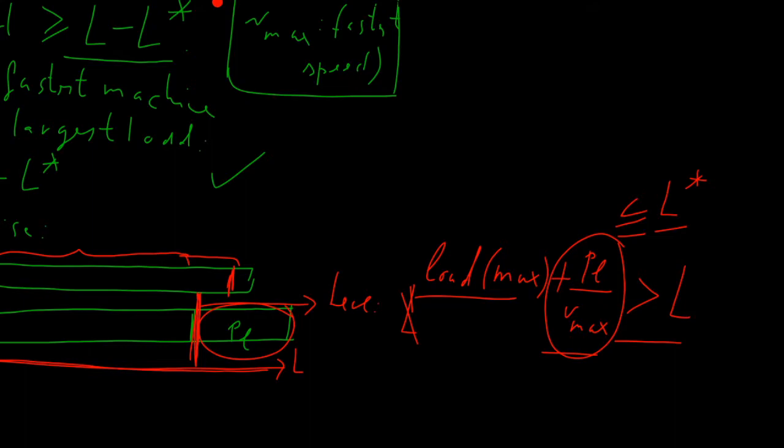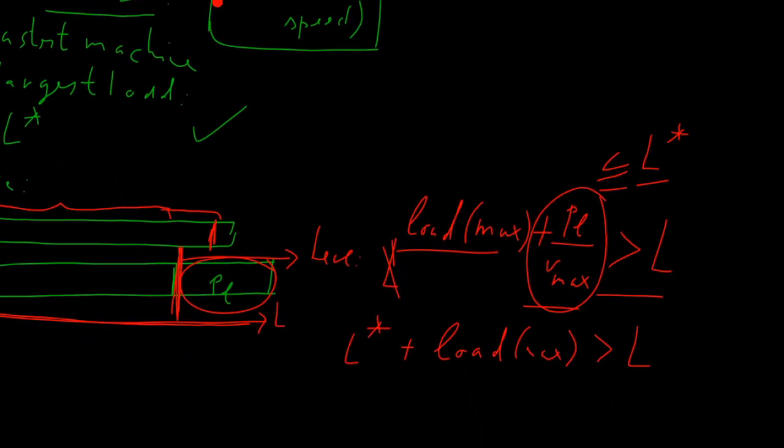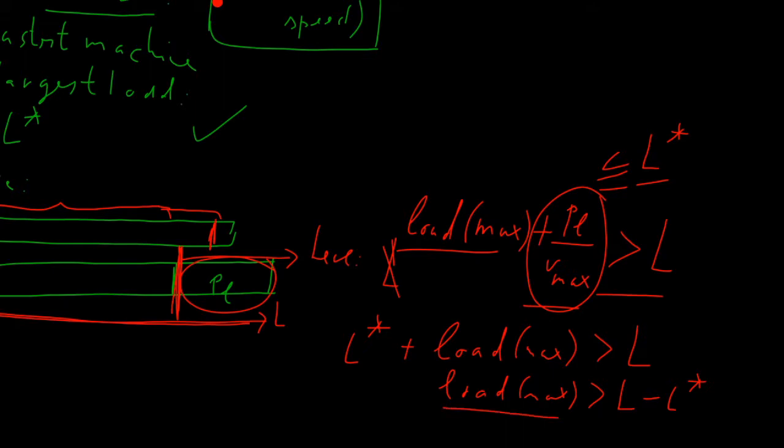Which means that we have L star plus the load of Vmax at that point of time is larger than L, which means that the load of the fastest machine was already at least L minus L star at that time point, and of course at the end it can only be larger, because if we schedule more jobs to the fastest machine, then its load will be even more.